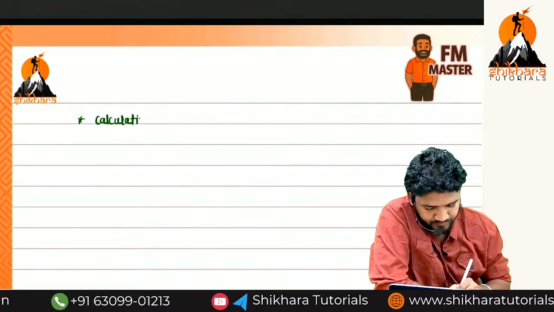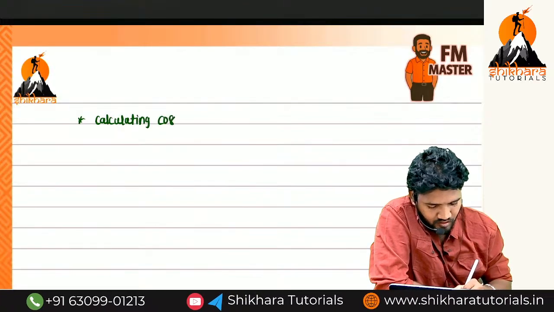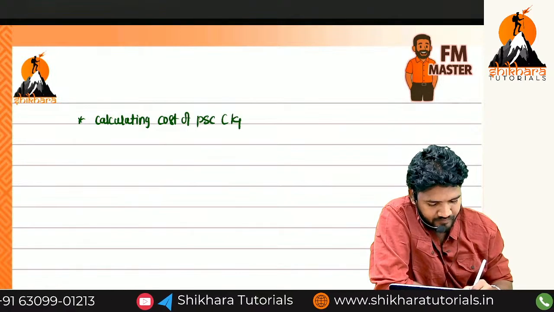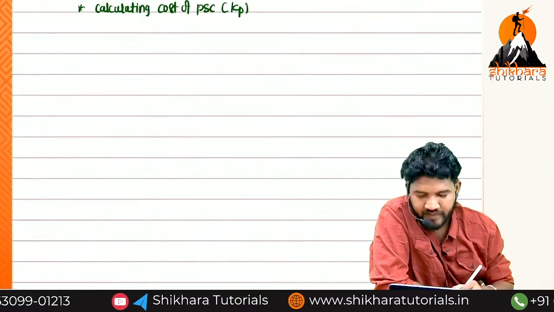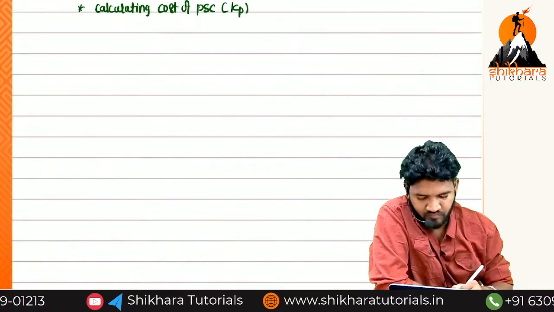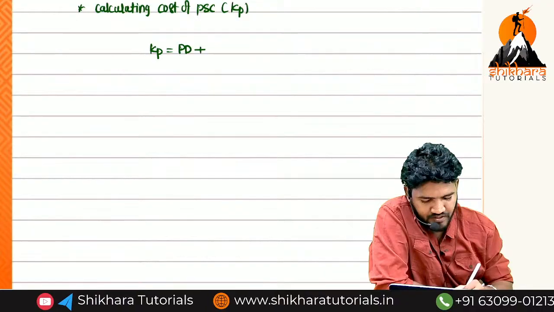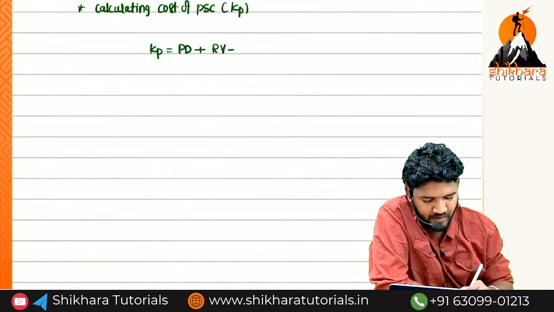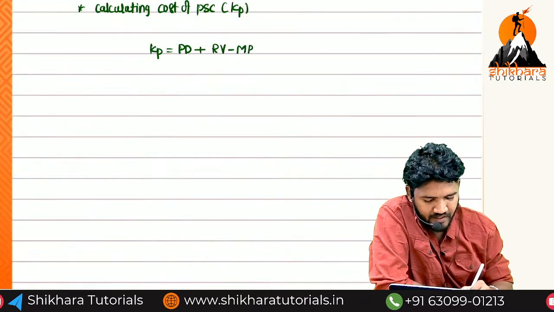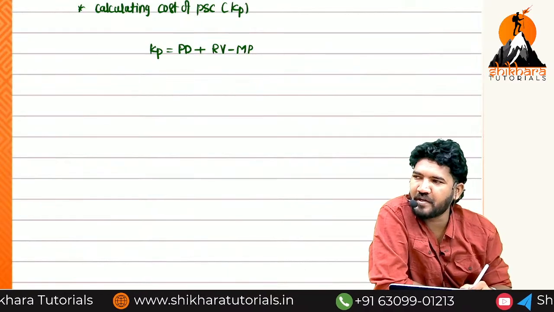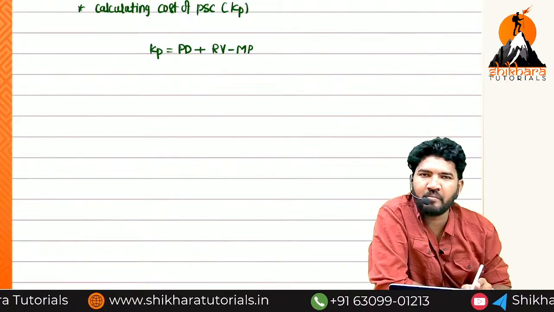Preference shares. Calculating cost of preference share capital KP. Now I think redeemable preference shares. KP equals preference dividend plus repayment value minus market price divided by n number of years, whole divided by repayment value plus market price divided by 2. You can use MPS or you can use P0, no problem. But you know the meaning of that, na?